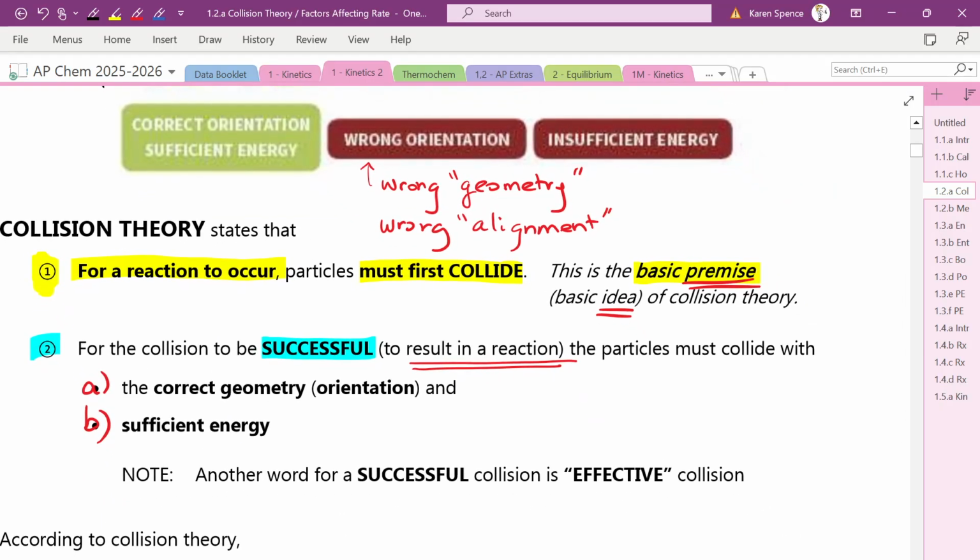So in order for the collision to be successful, we have to have the correct geometry and we need to have sufficient energy. Is there another word that you guys know for sufficient? Enough. Do you guys remember what i.e. means? In other words.